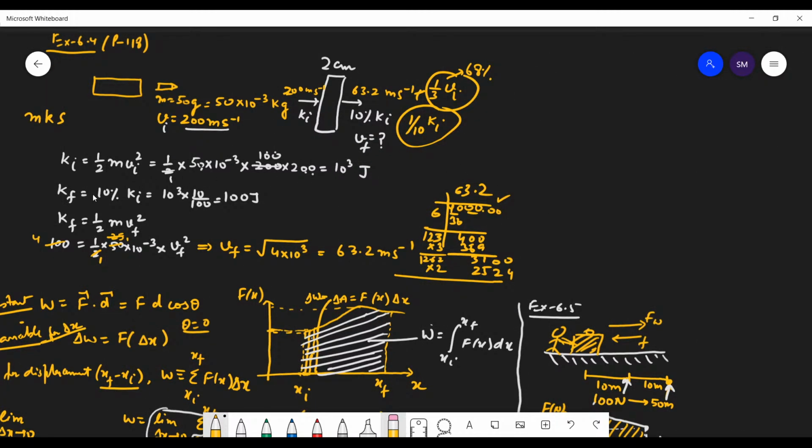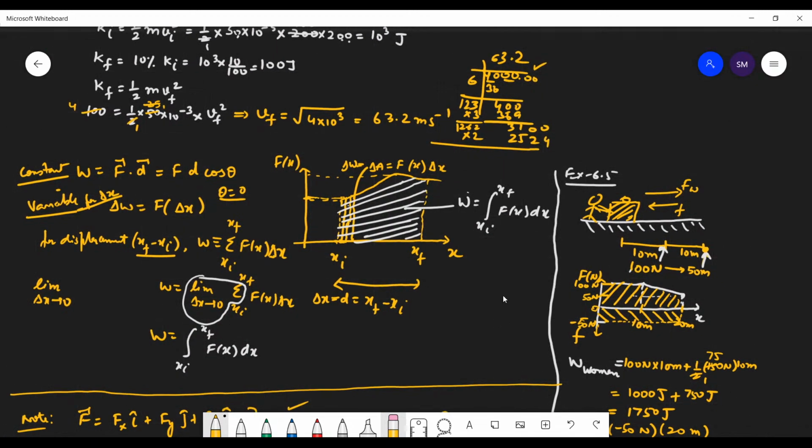We found the initial kinetic energy because v i and mass were given to us, and final kinetic energy we calculated as 10% of it, so 10% of 1000 is 100. Now final kinetic energy is half m v square, and we found the value of v square.